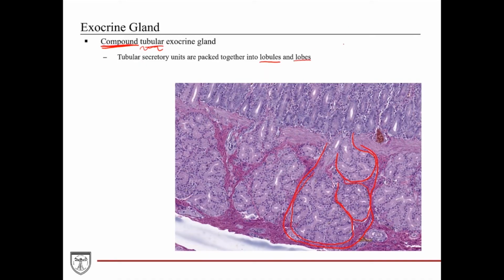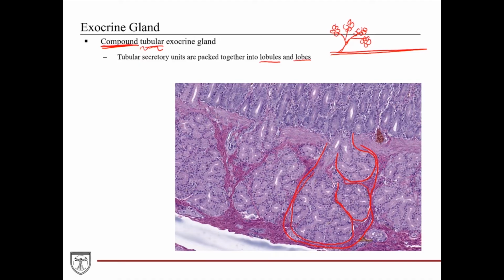So it may be easier to imagine a bunch of grapes. Let's say that this is the main stem, and off of the main stem, we have a smaller stem, and off of that, we have a smaller stem still. And then off of the smaller stem, we have these grapes hanging off.